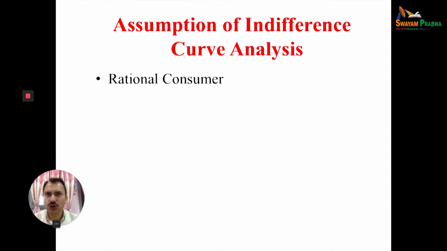It is assumed that the consumer is rational and will make his choice objectively to have increased utility and satisfaction. He always tries to get maximum satisfaction with his given income.